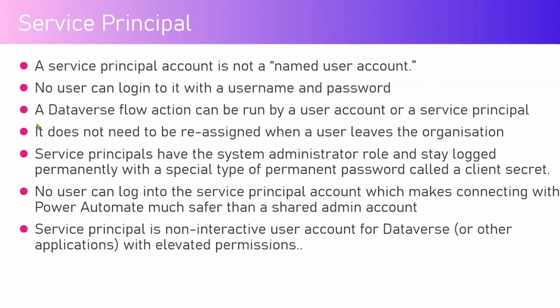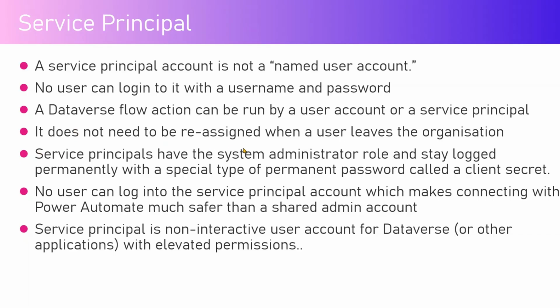Now it all depends on the use case and the scenario it is suited for. One of the benefits of this is that if the person who created the flow leaves an organization, it is quite possible that that person's account may get deactivated. So it is always best, if you get an opportunity, to make use of a service principal to update the flow.